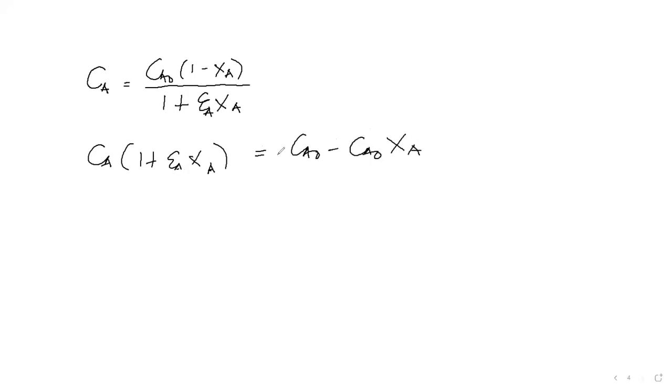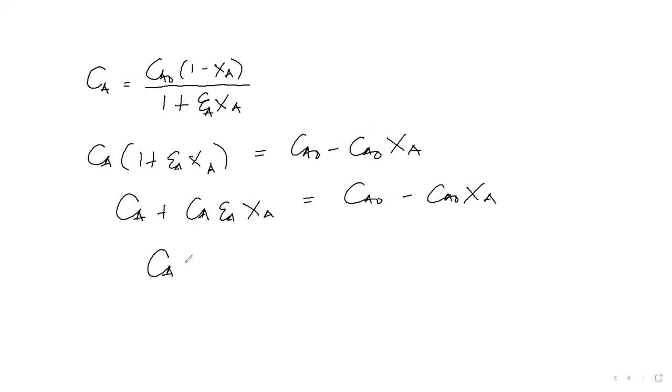You wish to group the terms which has the XA. So you have Ca plus Ca epsilon A XA is equal to CaO minus CaO XA. You wish to find an XA formula. So you have Ca minus CaO.